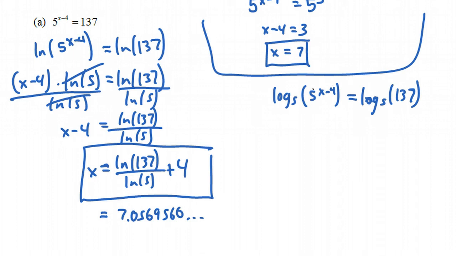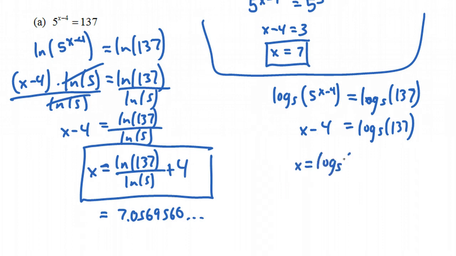One way to see that is you could bring the x minus 4 out front and you'd have x minus 4 times log base 5 of 5, but log base 5 of 5 is just 1. So what we have is x minus 4 is equal to log base 5 of 137. That left side just simplifies to x minus 4. Now add 4 to both sides and we get x is equal to log base 5 of 137 plus 4. So that's our solution.